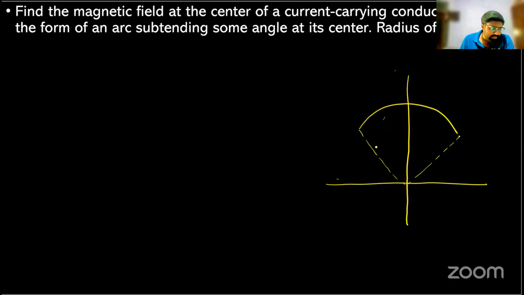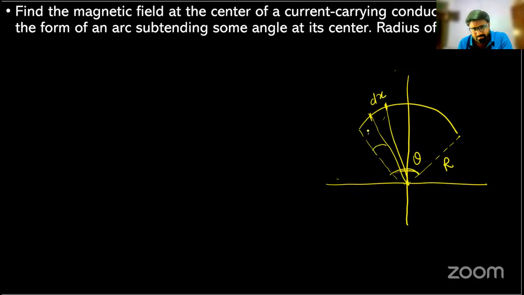Let's say the complete angle of the arc is theta. Radius of the arc is capital R. Clear? Now what we will do, we will consider an element here, this element of dx length. Now we join it to the center, so it will subtend some angle, and the angle that it will subtend from this end is phi.